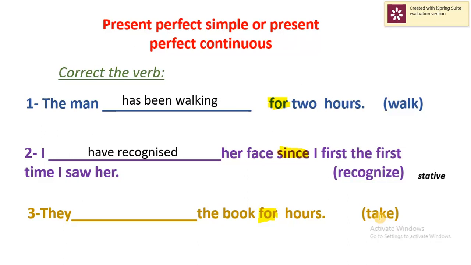We need to ask the verb. Verb take. Do you accept an ing? It says no. Why? Why doesn't it accept an ing? Is it a stative like this one? No, it's not a stative, but here it is a short duration verb. It's a short verb.